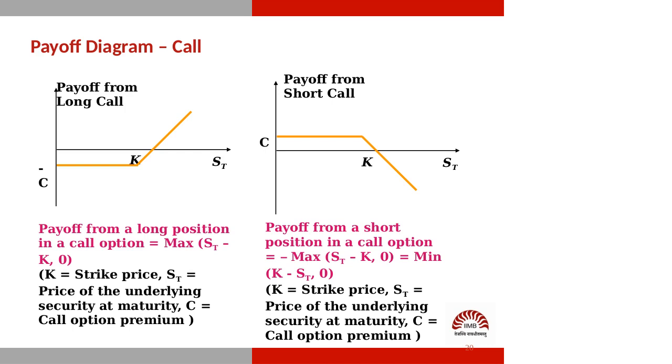If the price is such that I neither make a profit nor make a loss, in other words ST is equal to X, then I get what is called the at the money option. So effectively, in a call option scenario, if ST is greater than K, the option is in the money. If ST is equal to K, it is at the money. If ST is less than K, it is out of the money.